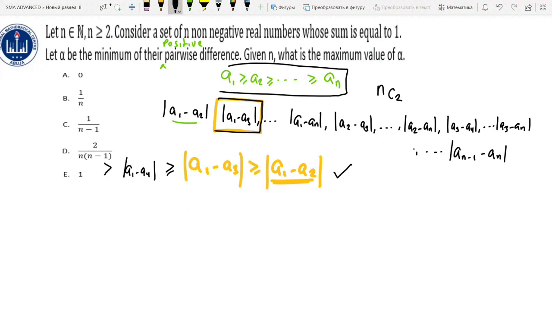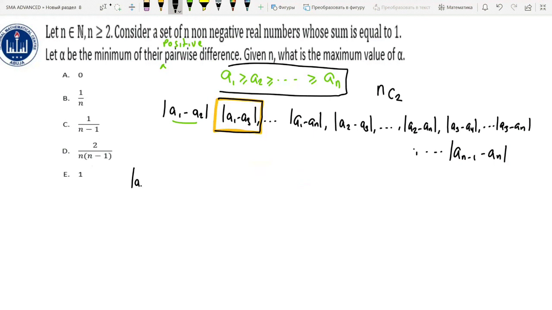And similarly, A1 minus A5, if n is up to 5, also cannot be the minimum. That observation is going to be really helpful. After we make it, we see that the only possible pairwise differences that can be the minimum are A1 minus A2, A2 minus A3, A3 minus A4, till AN minus 1 minus AN.